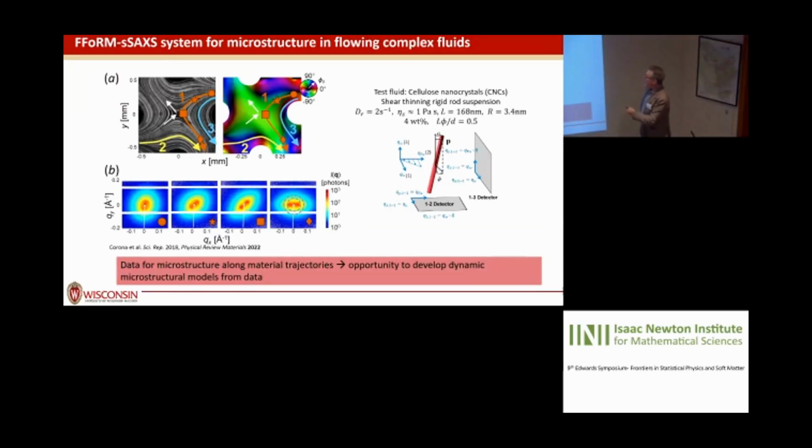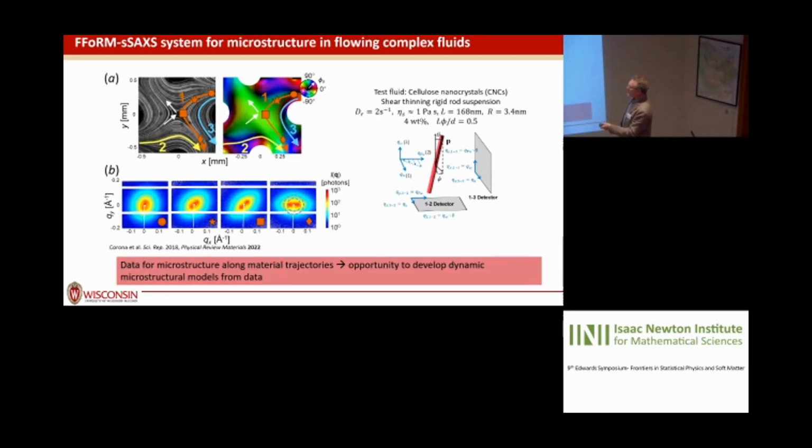The fluid that we've been working with is a very simple complex fluid. It's just a solution, actually a dilute solution of rigid rods, cellulose nanocrystals, the initial experimental system, where the scattering patterns are quite simple. You're essentially just seeing the degree of orientation in those scattering patterns.